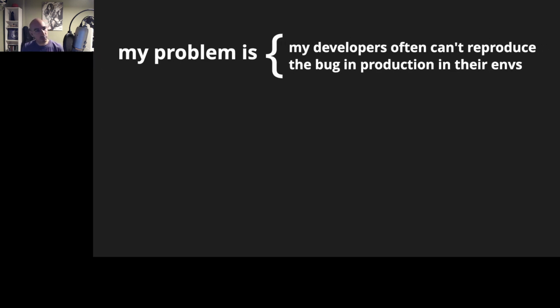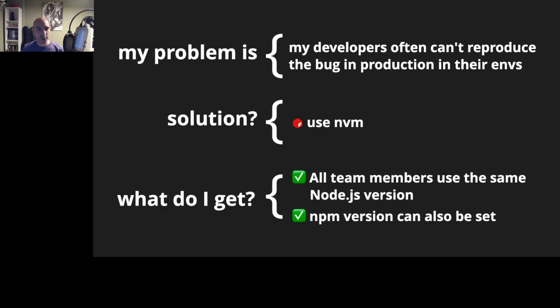Another problem is, for example, maybe my developers often can't reproduce that bug in production in their environments. So it's a very small tip, if you haven't been using NVM, the Node version manager, to this date: if different people work on the project and they end up running different Node versions, that can be problematic because they may not be able to reproduce those versions.